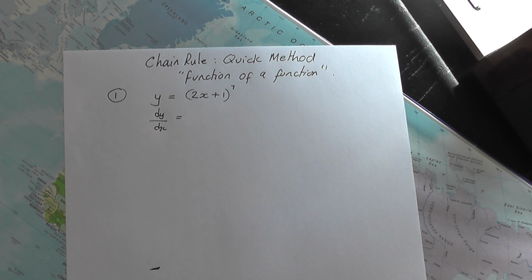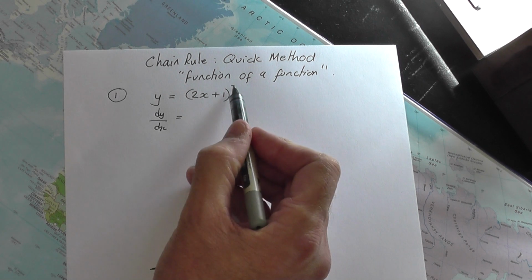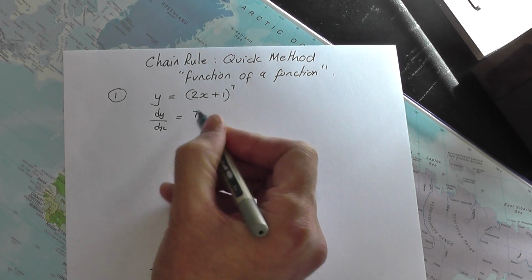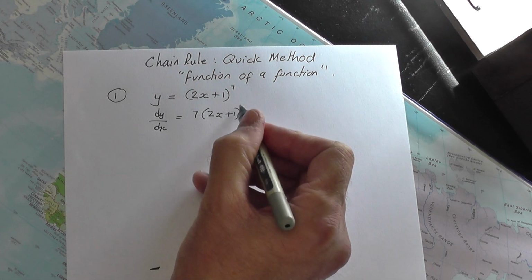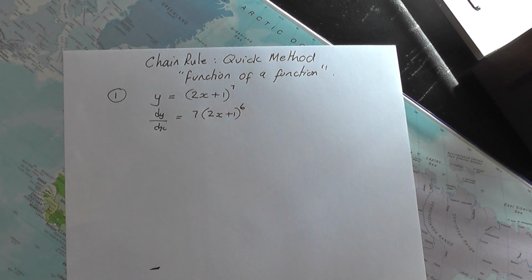And what we do is we just obey the rules of the power that we did in year 12 for differentiation with powers. In other words, the 7 goes to the front, the 2x plus 1 remains the same, and the power of the 7 turns into a power 6. So it goes down by 1. Now that has dealt with the power function. But we haven't yet finished to get the full answer.